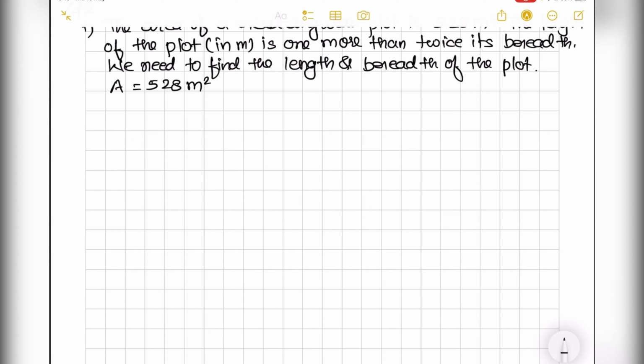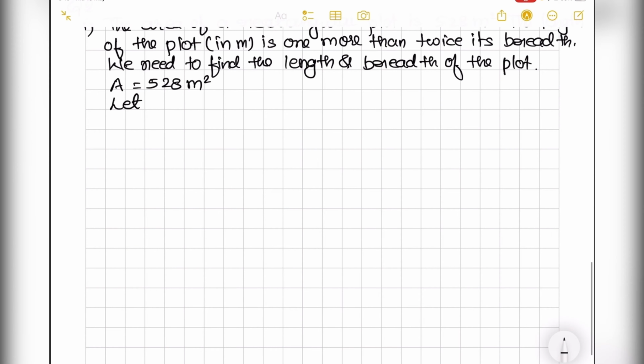Now, length is not given and breadth is not given, but relation between length and breadth is given. So, I am supposing let breadth be b meter. Therefore, length will be 2 times breadth, so 2b, and 1 more, so plus 1 meter.